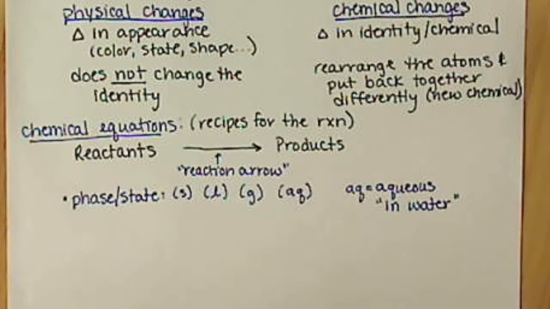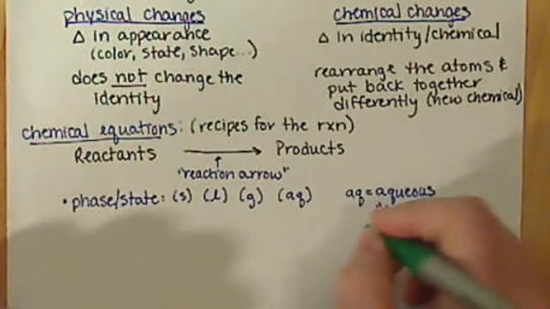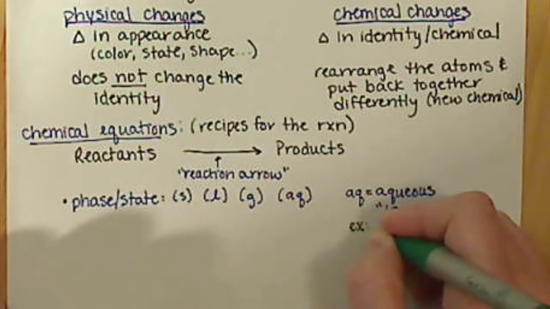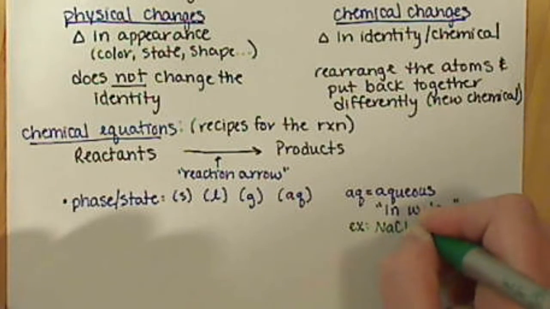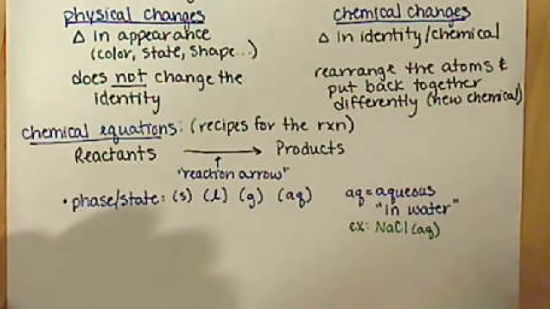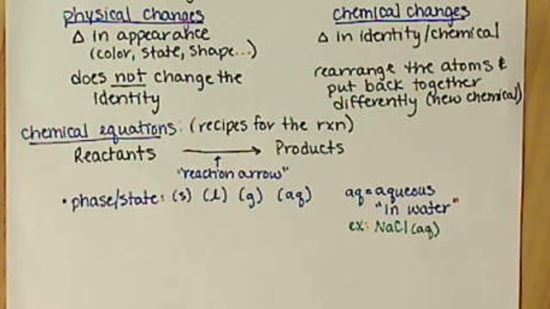So when you made your salt solution for the chromatography lab, or the second part when you did the solutions lab, you made a sodium chloride aqueous solution. So we would write that as NaCl, and then to the right of that, AQ, so that the sodium chloride was in the water.